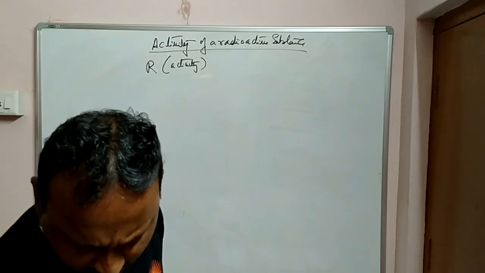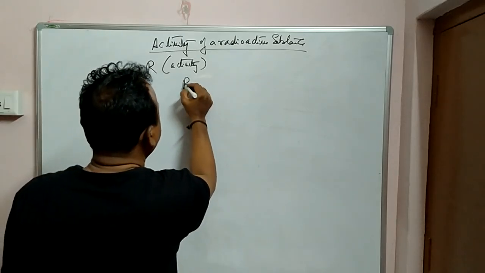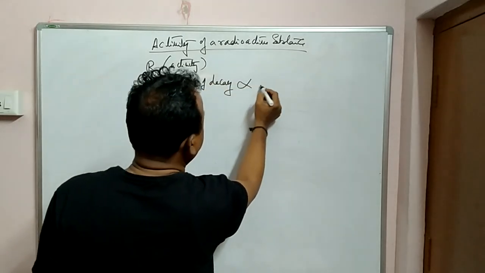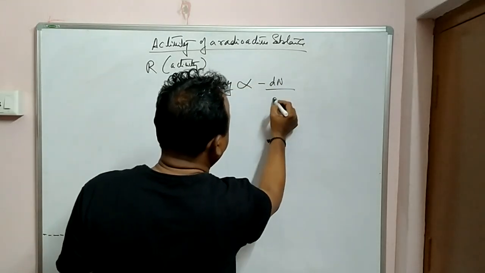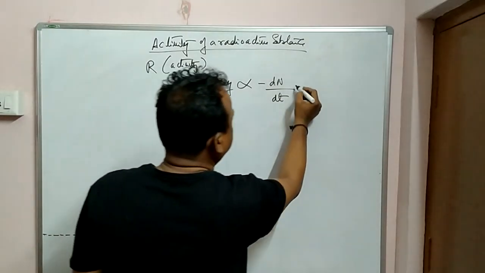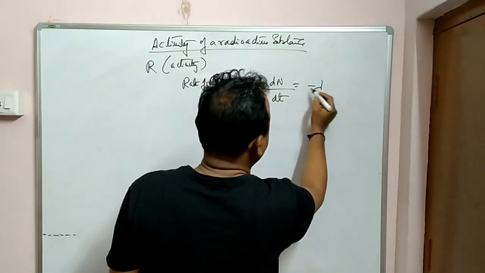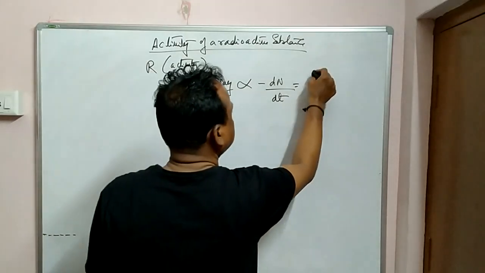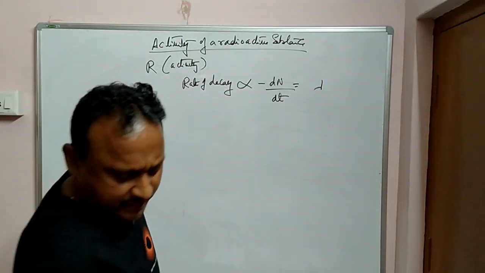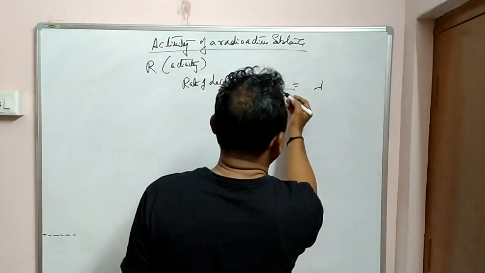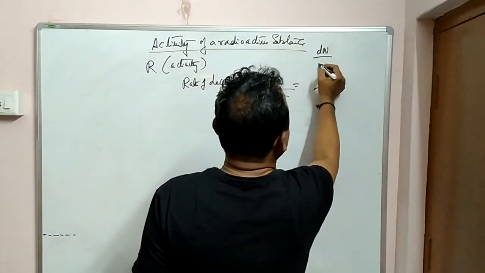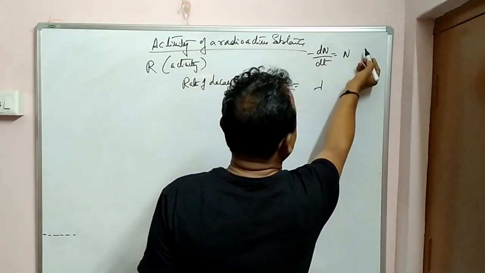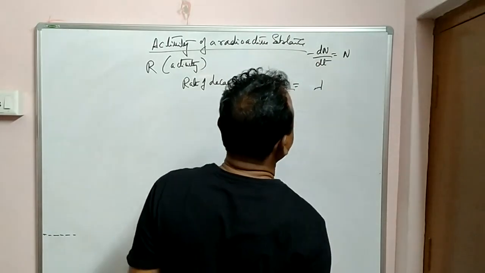Please make a note. And the rate of decay, you already know from before. The rate of decay of the sample is given by what? It is directly proportional to minus dN by dt. The minus is already there, so you can take lambda into N. See what was the formula here? Minus dN by dt is directly proportional to N, that is kN.